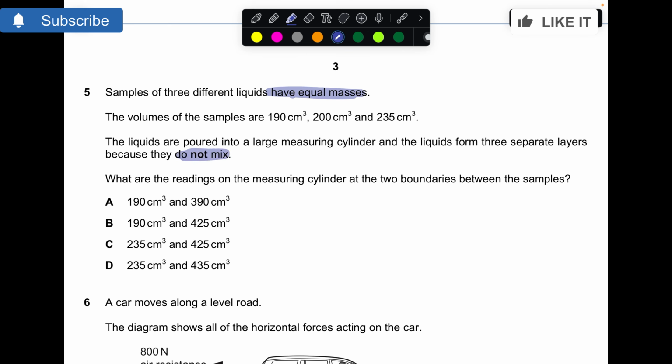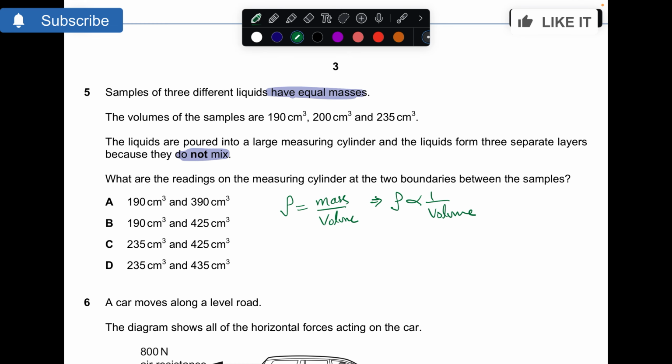It means they have different densities, and density is mass divided by volume. As mass is constant, density is inversely proportional to the volume. So the one with the higher density will be at the bottom and the one with the lower density will be at the top.